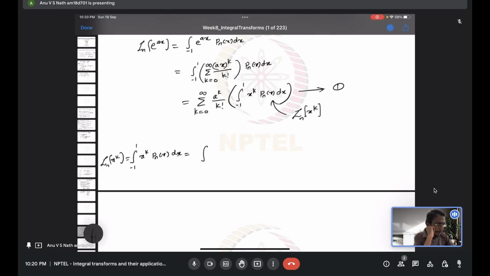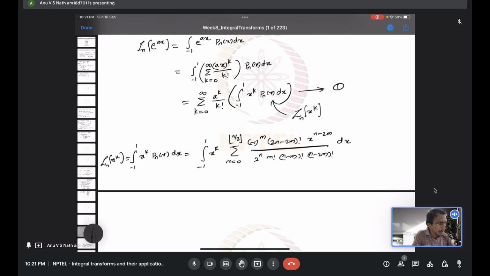So we will use the same definition of Pn of x. So it's x raised to k times Pn of x, which was the summation over m equal to 0 to floor of n by 2, of minus 1 the whole raised to m, (2n minus 2m) factorial, x raised to (n minus 2m), the whole divided by 2 raised to n, m factorial, (n minus m) factorial, (n minus 2m) factorial, then the integration dx.